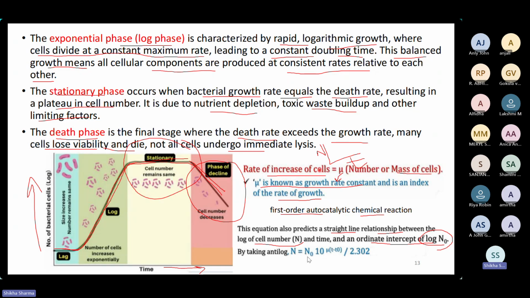If we take the antilog, the equation becomes N equals N naught times 10 to the power of the growth rate constant multiplied by (t minus t naught), the final time minus the initial time, divided by 2.303.